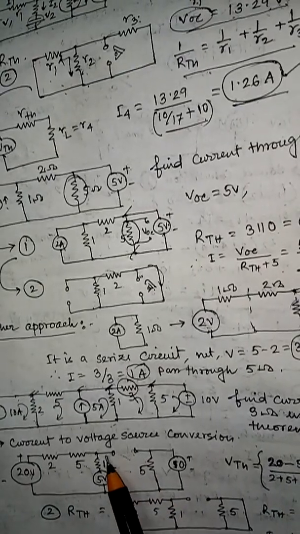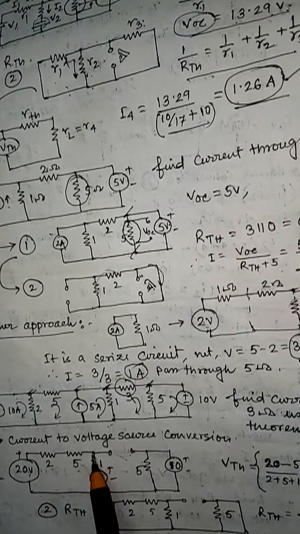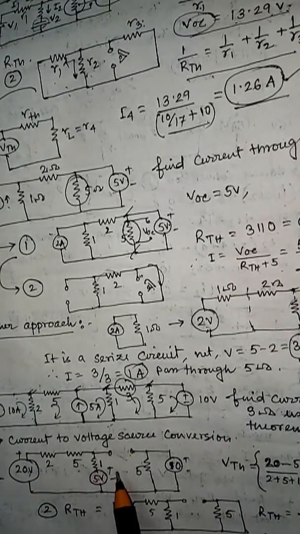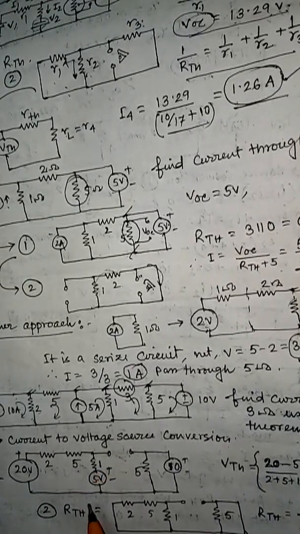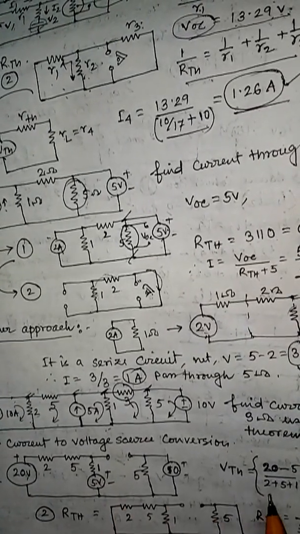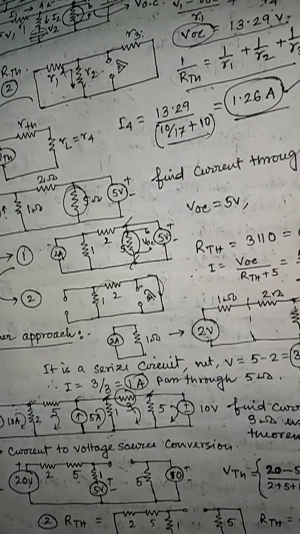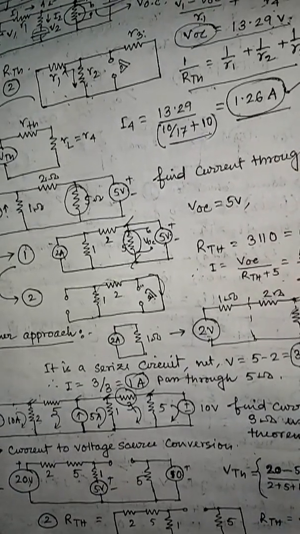So what is the VThevenin? VThevenin is 20 volt here, and that is 5 volt, so 20 minus 5, divided by 2 plus 1. So the current is 15 by 8 ampere, right?